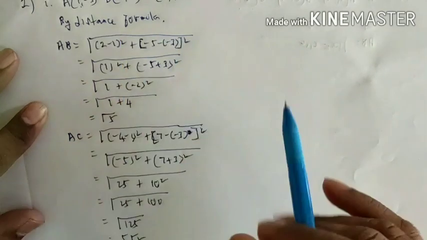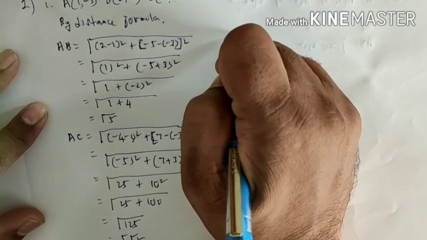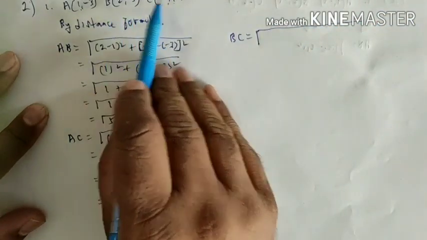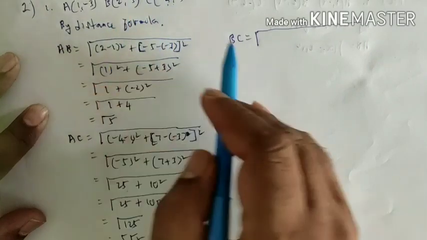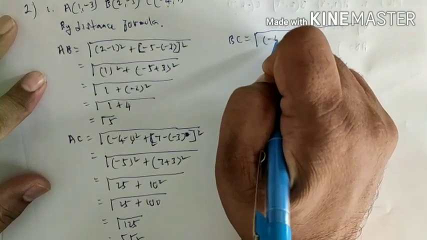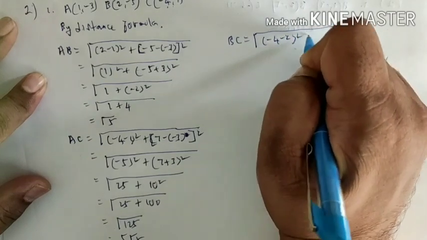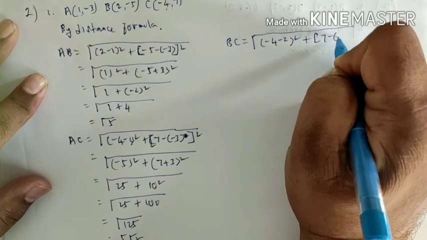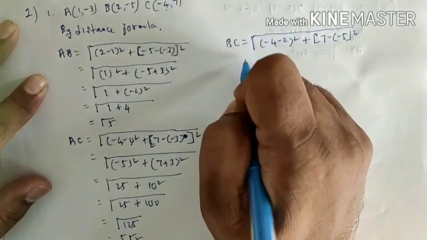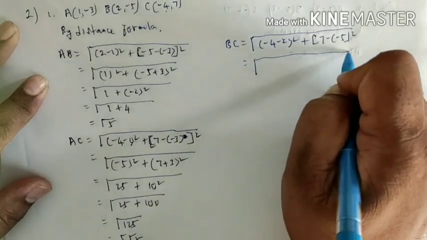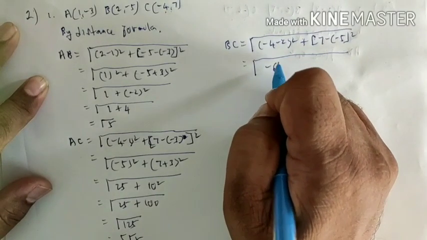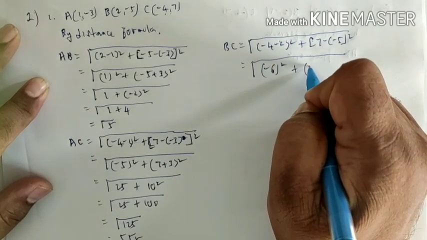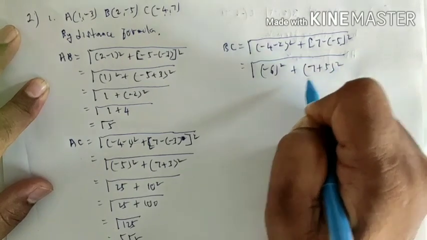Now we shall find what is the value of BC. BC is equal to under root, see here BC equal to under root minus 4 minus 2 square plus 7 minus minus 5 square. It is equal to under root minus 4 minus 2 is minus 6 square plus 7 minus minus 5 is 7 plus 5 square.